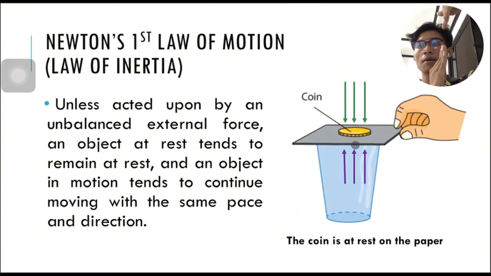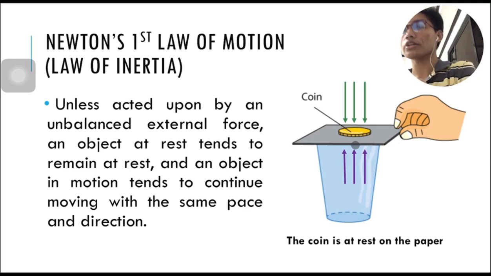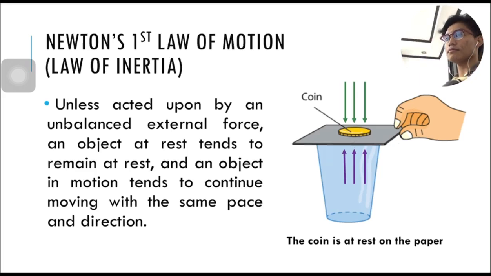Let's just imagine that this is the coin and this is my hand. As you can see, the coin remains at rest because it exerts a force going down to my hand, and my hand lifts the coin up, which means the forces are unbalanced. That is, until I let go.